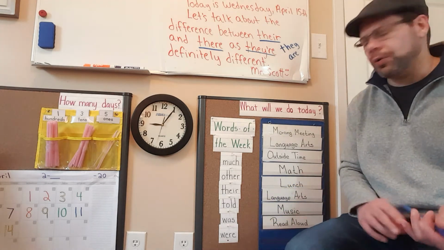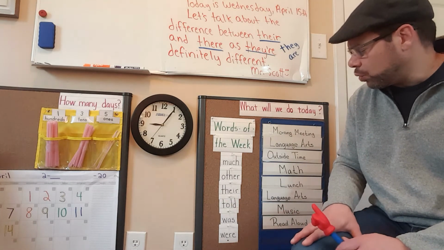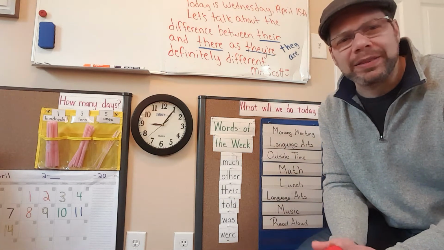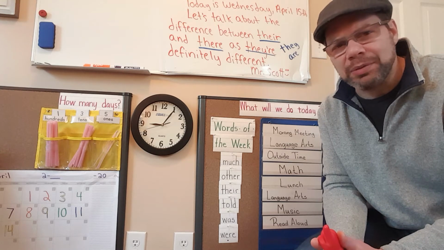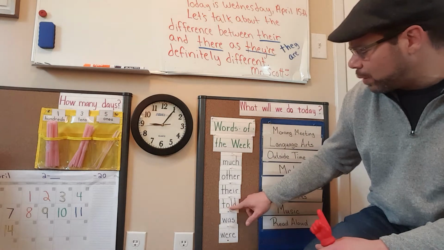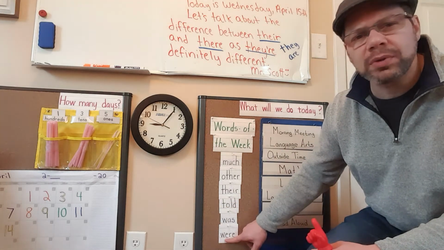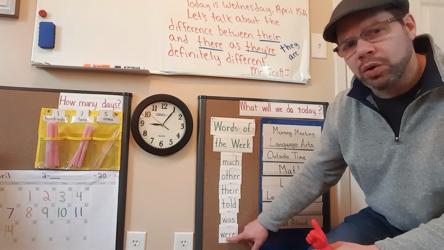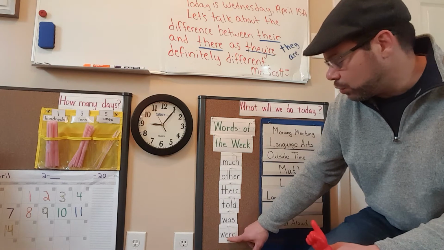Even though there's not an E at the end of the word, that's King Edward making that say its name. But it still is saying its name, isn't it? Told. T-O-L-D. And sometimes I notice we get this word were confused with where. Where would be W-H-E-R-E. This word is were.